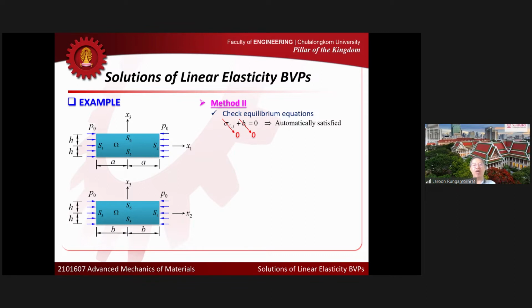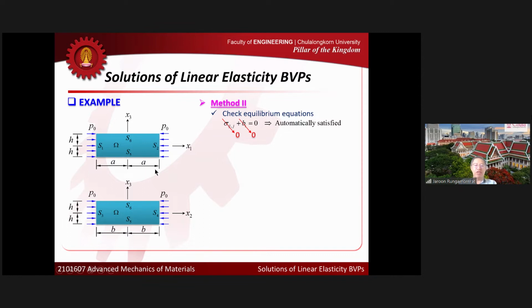So we cannot get all the constants there based on the governing equations at every point inside. Now we have to depend on the boundary condition, right? Because it still remains to check the boundary conditions to confirm all the fields there. Okay, and if we look at this problem again, as I mentioned before, this problem is a traction problem, right?